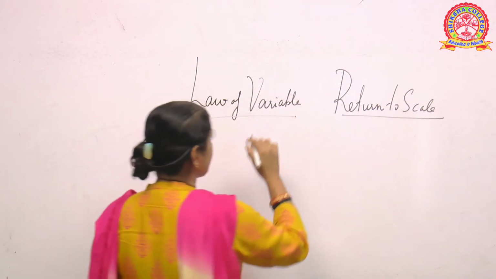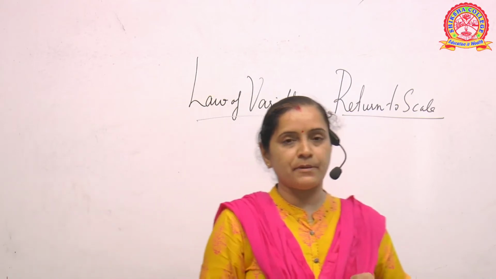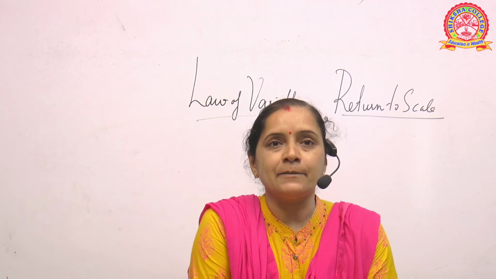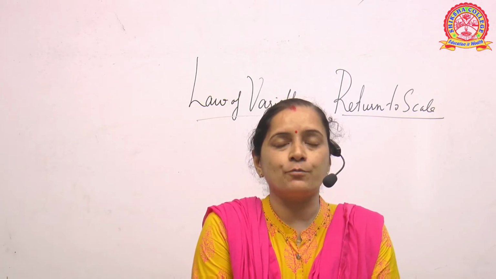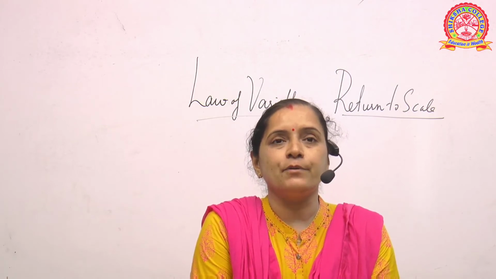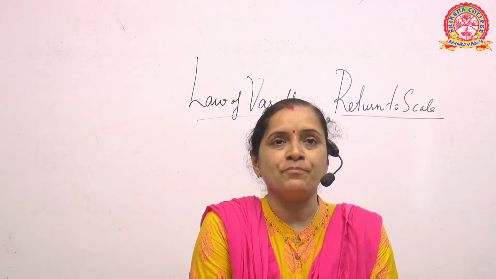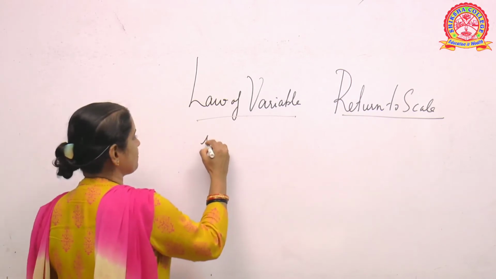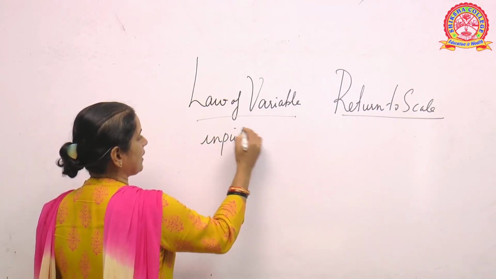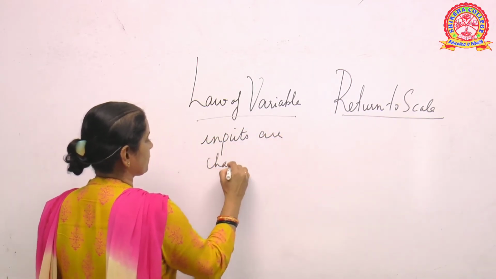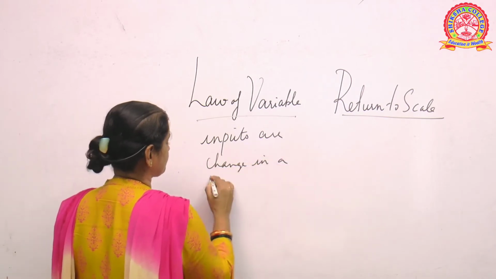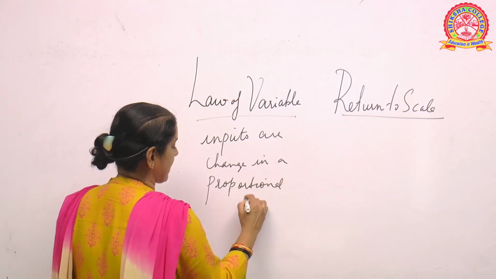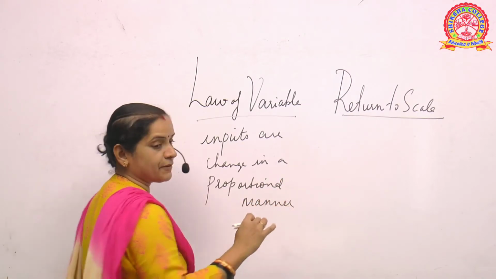If you remember, last class we discussed the law of variable proportion and the law of returns to scale, where the law states that the output can be changed if the input is changed proportionally. That means when you are changing the inputs in a proportional manner, then output is definitely going to change.